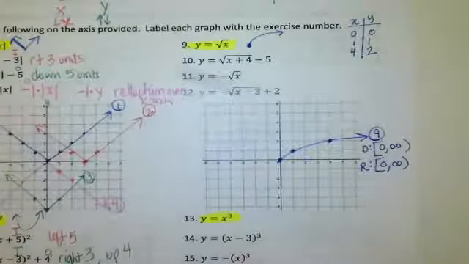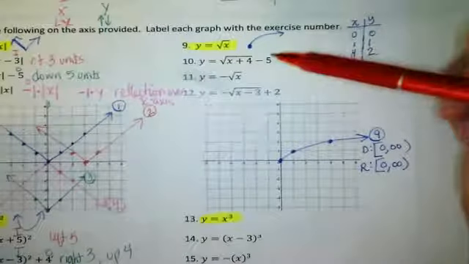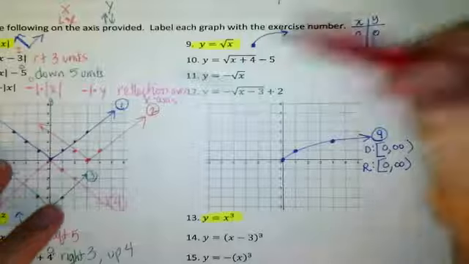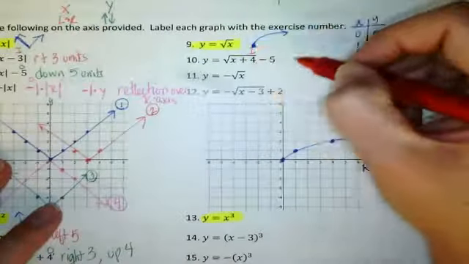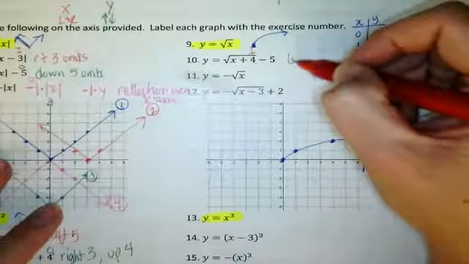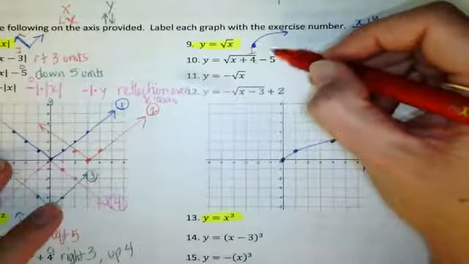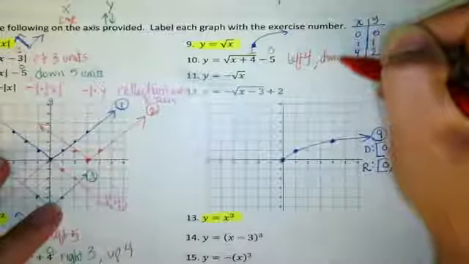Okay, number 10. How many transformations do you have on number 10? 2 transformations. The 4, inside or outside? What does that do? X. Left 4, good. The 5, inside or outside? Outside. So what does that do? Down 5.